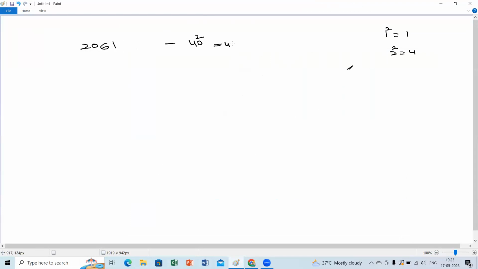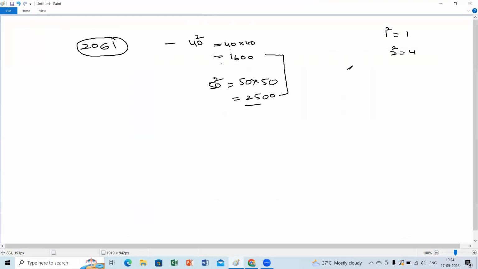40 square means 40 into 40. 4 4s are 1600. Then 50 square, 5 into 5 is 25, so 2500. Our number 2061 lies between this range, right? So maybe the units place is 1 here.